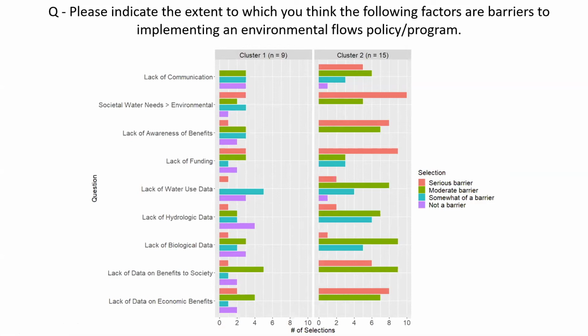I didn't see any huge things that popped out to me between these groups. A lot of people in this second cluster thought a lot of these were serious or moderate barriers, and maybe to a lesser extent in the first cluster, but nothing really stood out as a single important barrier.